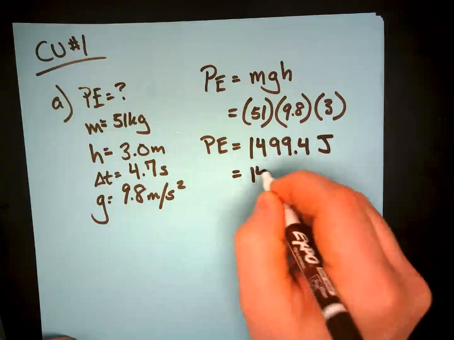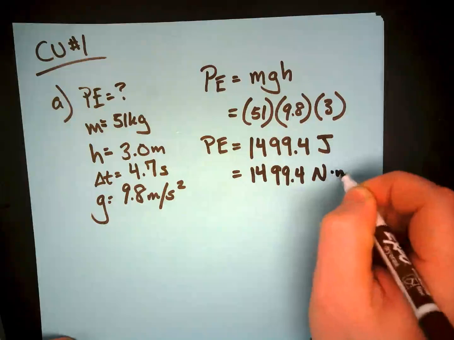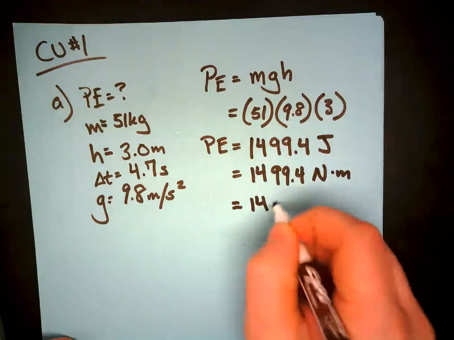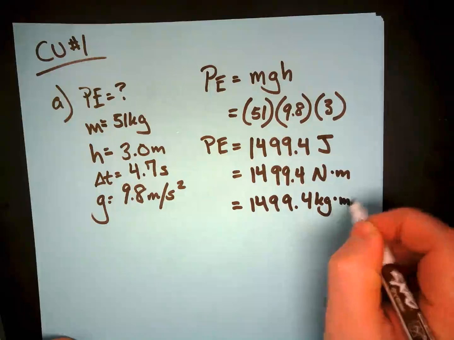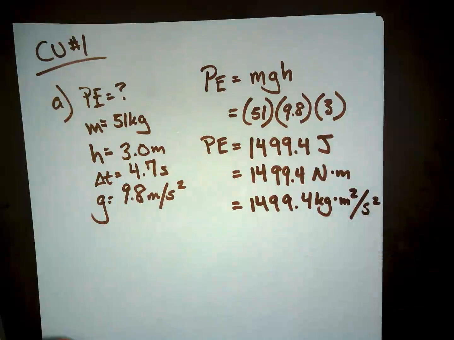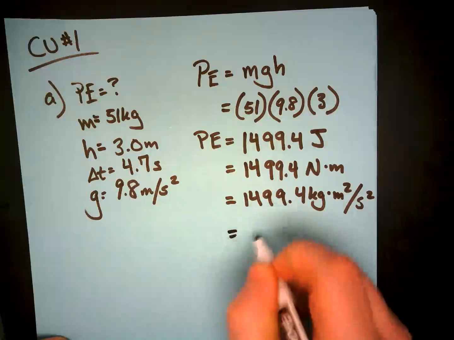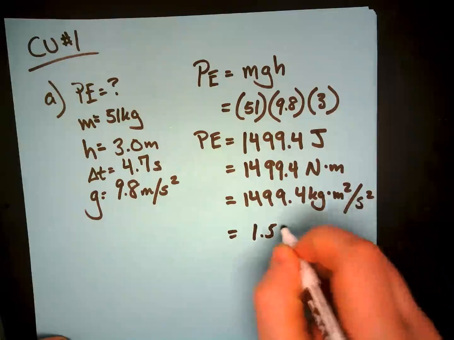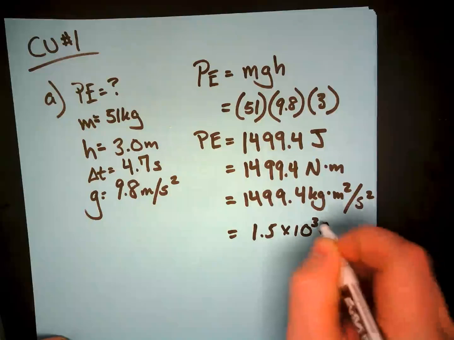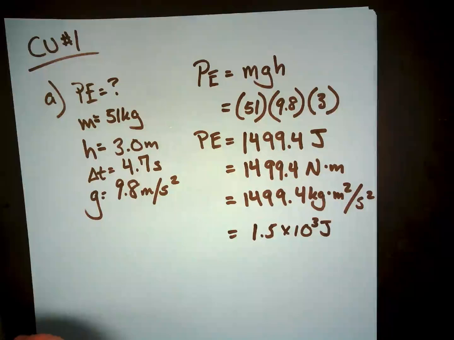Or remember, it's 1,499.4 Newton meters, or 1,499.4 kilograms meters squared over seconds squared. So whichever one works out is fine. In scientific notation, and also to keep sig figs, it would be 1.5 times 10 to the third power joules. Any of these would work as the answer.